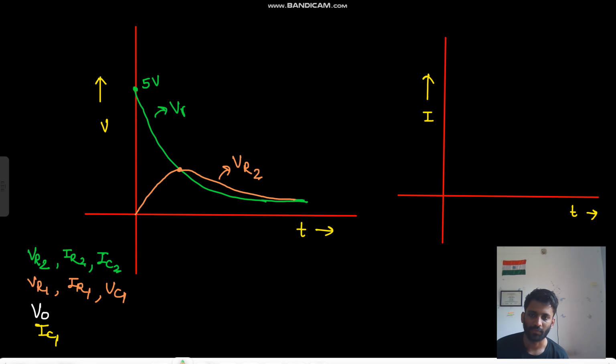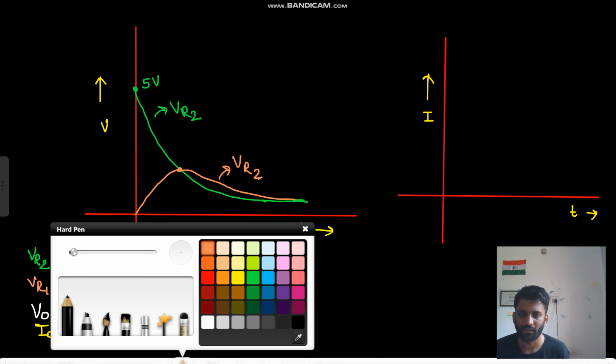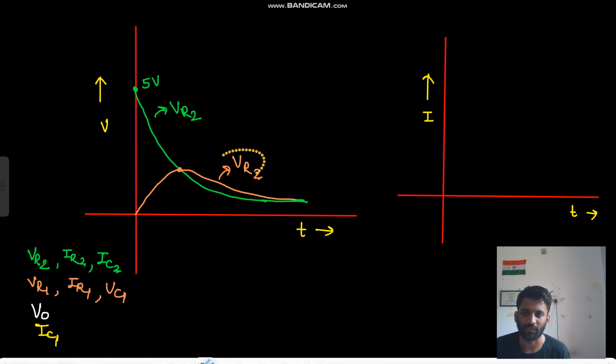So this was VR2, and this was VR1, and VR1 was equal to VC1.